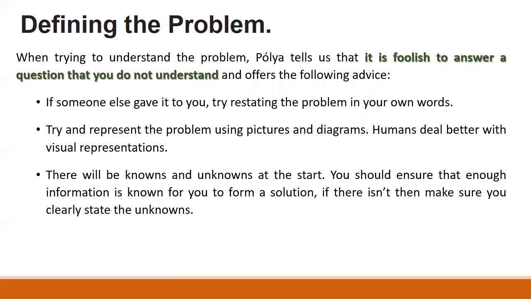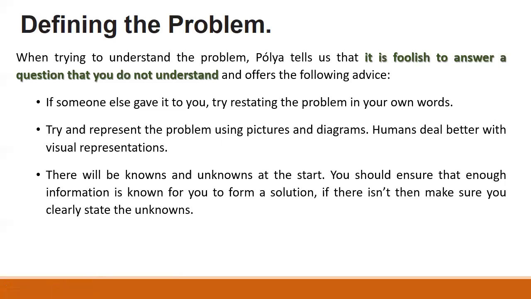Now, the next point there is abstraction. Can we represent the problem with stick figures or some other representative diagram? If we're doing that, we're removing the non-important things, and it's also proving our understanding. The point at the bottom there is that there are knowns and unknowns at the start.